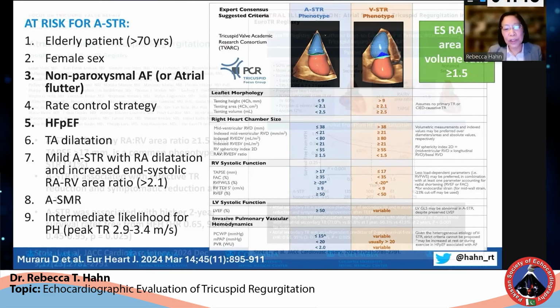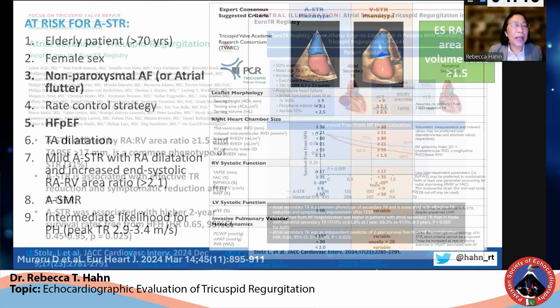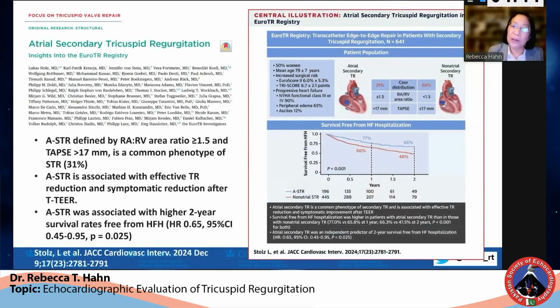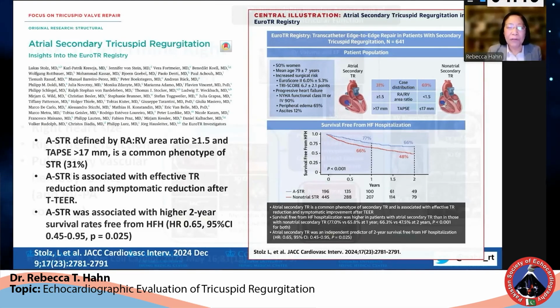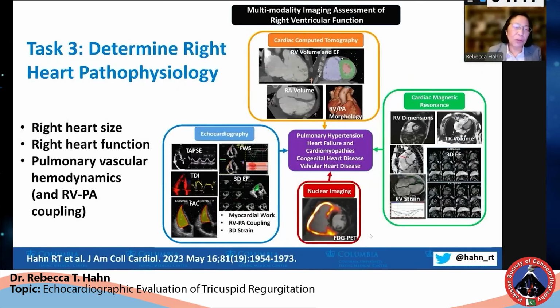And that was recently shown in this study looking at patients who had had transcatheter replacement repair device, showing that that ratio of the RA to RV area of greater than or equal to 1.5 when in combination with a TAPSE of less than 17 was able to define different disease categories that had different outcomes. And so we do believe that we may be able to simplify the definitions of atrial secondary disease.